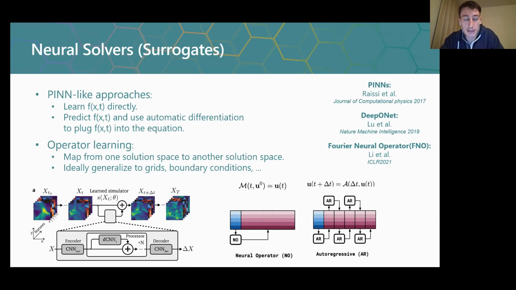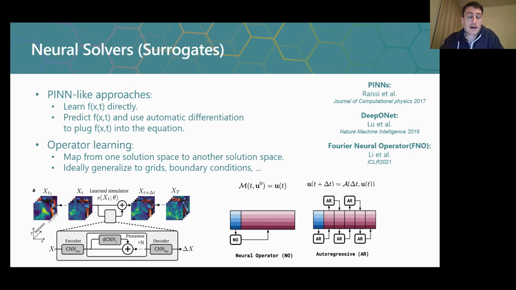For these PINN-like approaches, it's not necessary that you have data. You can directly learn the function, but you just learn it for one data point. So you have one set of coordinates, one time point, and you get one output. Of course, it can be that you have multiple outputs when you have different fields and so on, but it's usually one output in space and time.